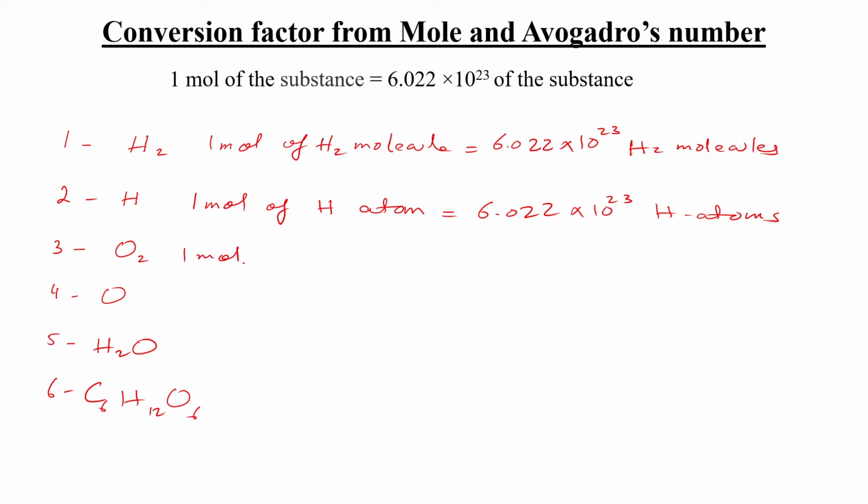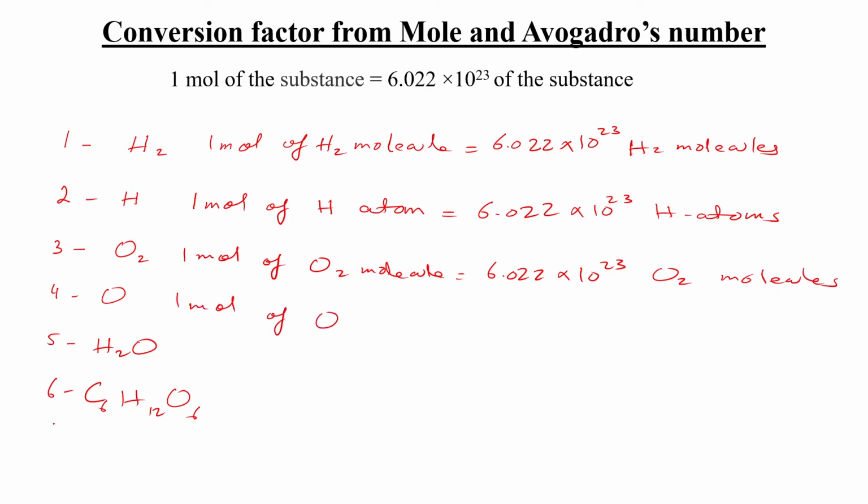1 mole of oxygen molecule equals 6.022 times 10 to the 23 O2 molecules. Okay, 1 mole of oxygen atom equals 6.022 times 10 to the 23 oxygen atoms.